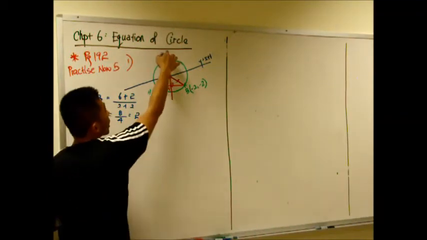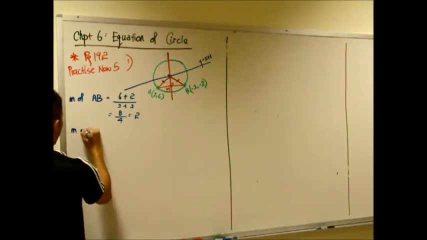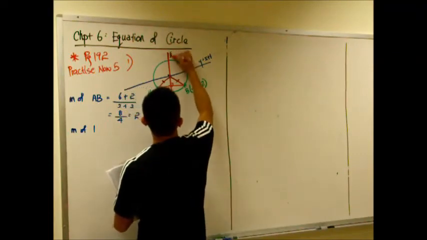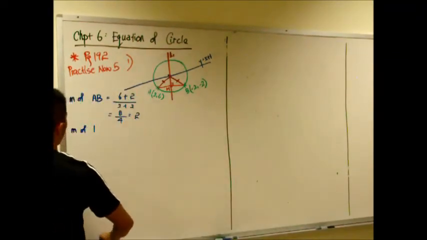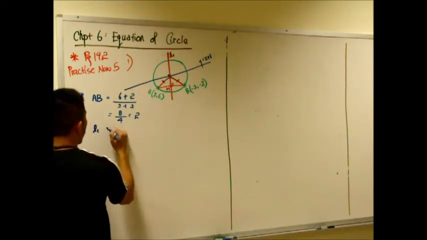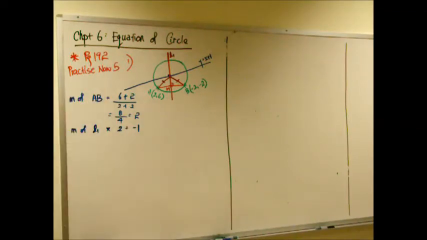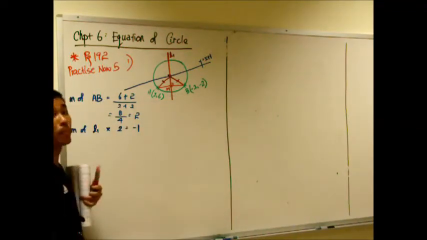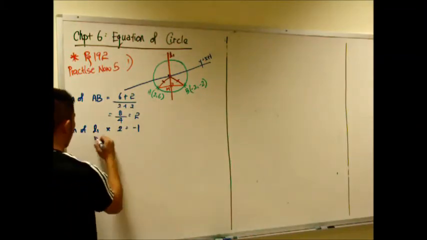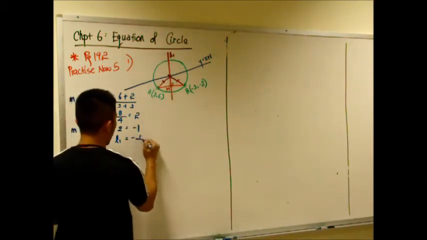But if I want the gradient of this perpendicular bisector of AB, to make things easy, let me call this line L1. The gradient of L1 multiplied by the gradient of AB will be equal to negative 1 because these two lines are perpendicular to each other. So the product of the gradients is equal to negative 1. In other words, the gradient of this straight line is negative half.